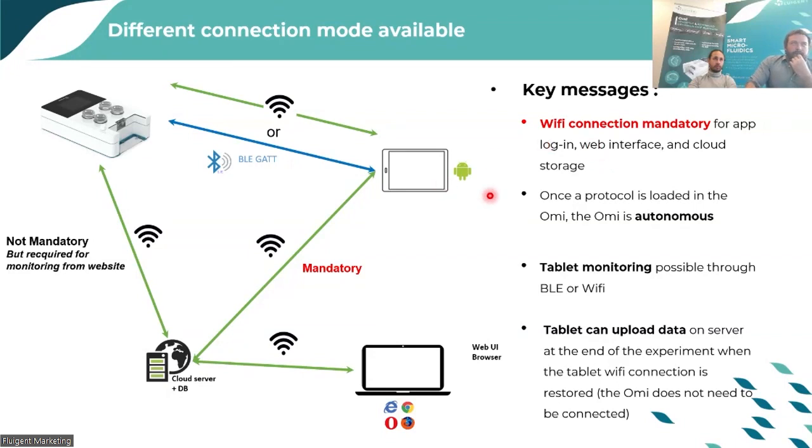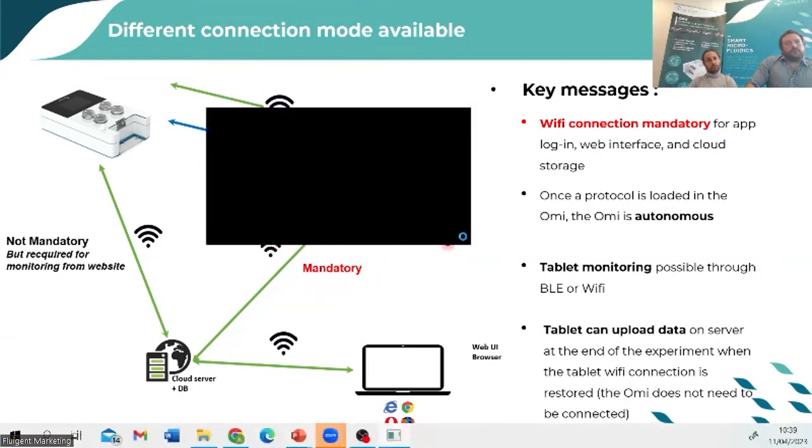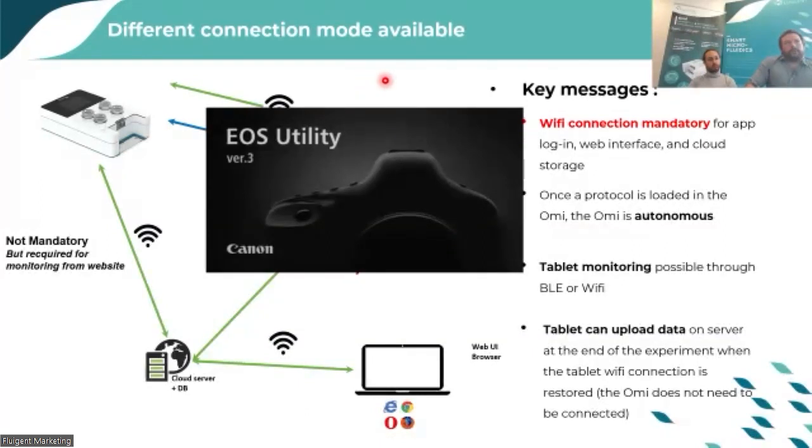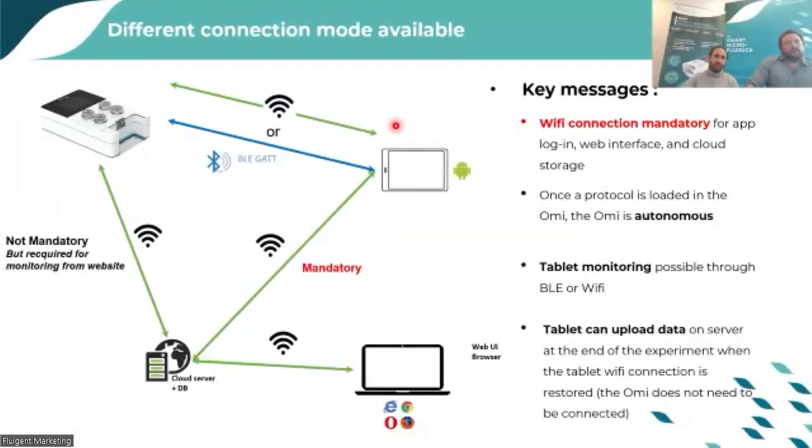And last but not least, it may look a bit complicated, but this is basically how the connection works between all the different devices. So your OMI is able to communicate to the tablet through Bluetooth or Wi-Fi. The only thing that you need for sure is a Wi-Fi connection when you start connecting the application.